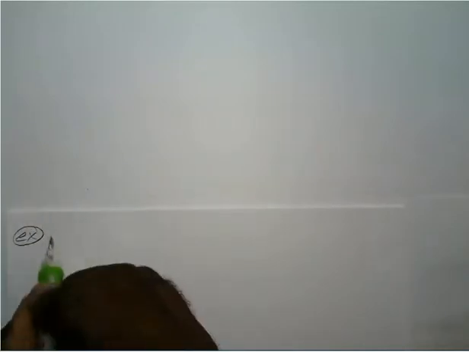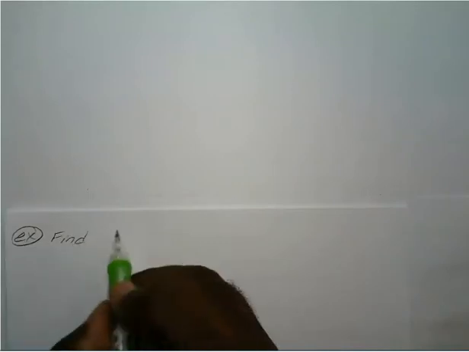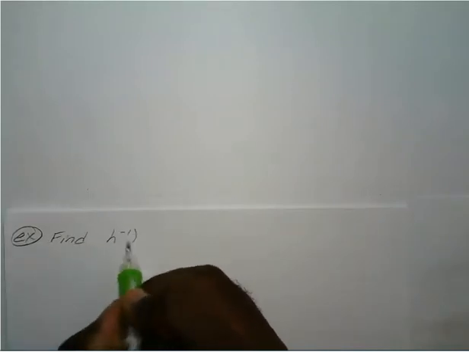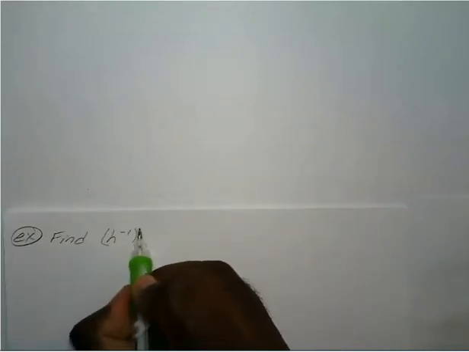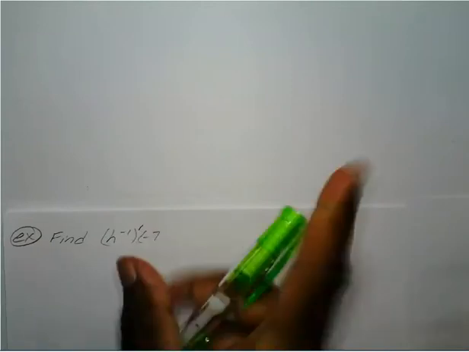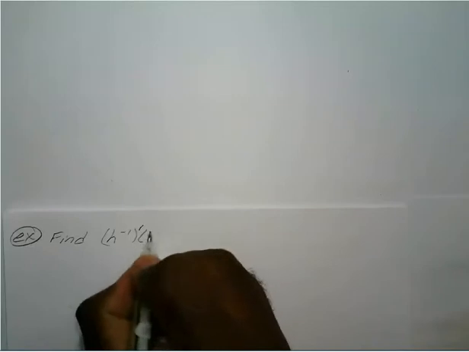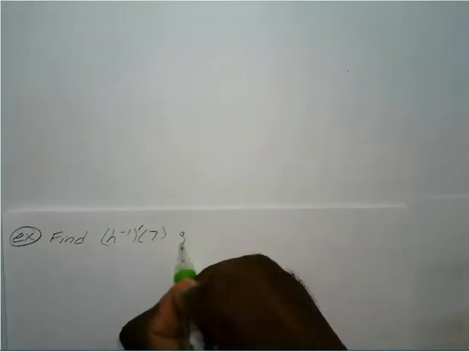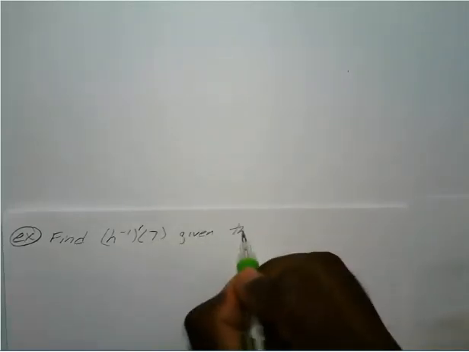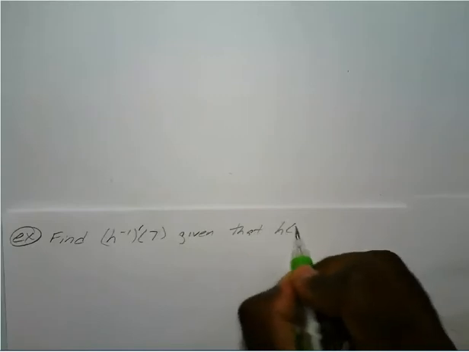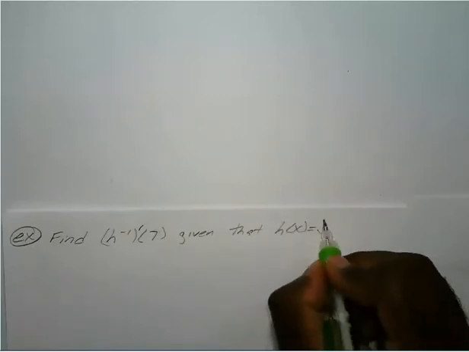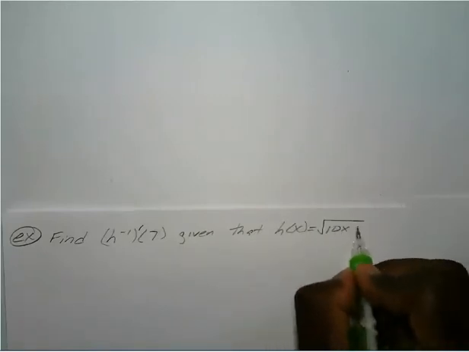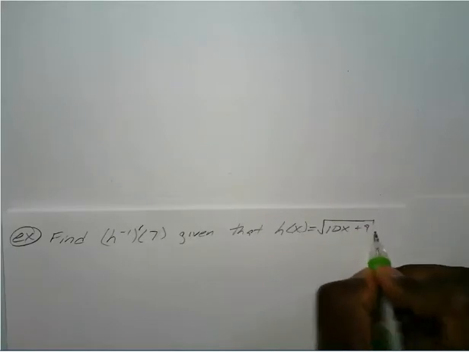Alright, so let's say, for example, we want to find h inverse prime at positive 7, given that h of x equals the square root of 10x plus 9.